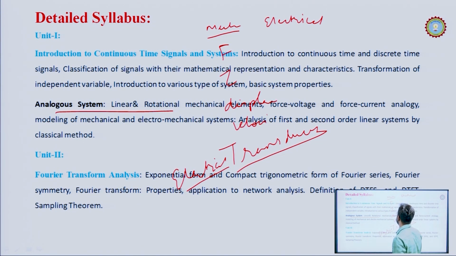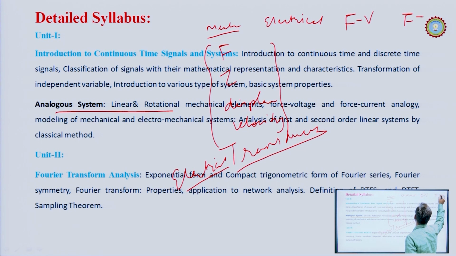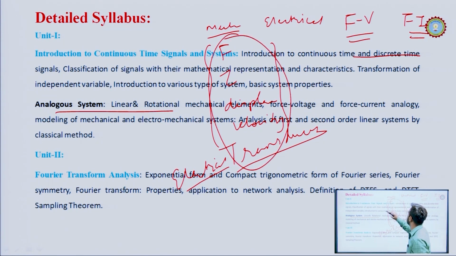So basically these are mechanical forms. Now if we want to draw an analogous system, there is a provision by which we can convert these into two models, FV and FI: force-voltage analogy and force-current analogy. They are basically two analogies in which we convert this type of input into an electrical system. This will be covered under the analogous system.